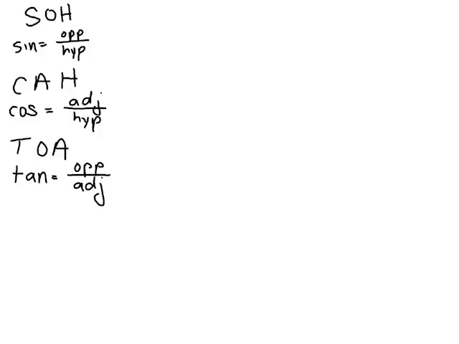Okay, let's go back to our triangle. Okay, hypotenuse. Which is the hypotenuse side always? Okay, our little c side is always the hypotenuse. So now let's talk about opposite and adjacent.